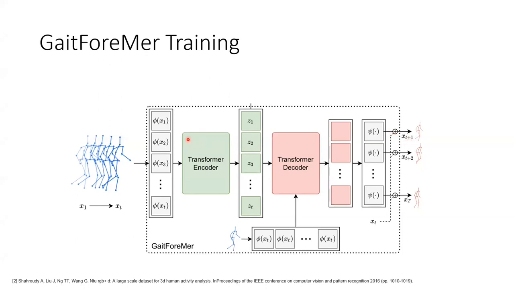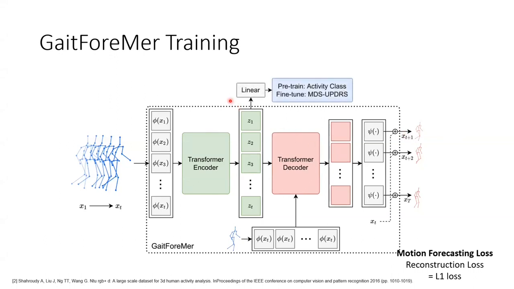For example, the video is continuous, so we'll have multiple frames in the data set. Based on these T frames, they try to predict the T plus 1 frame. So it's a simple motion forecasting loss, a simple reconstruction loss, or we can say L1 loss. They compare this predicted X T plus 1 to the ground truth X T plus 1, and try to forecast the pose of the T plus 1 frame.